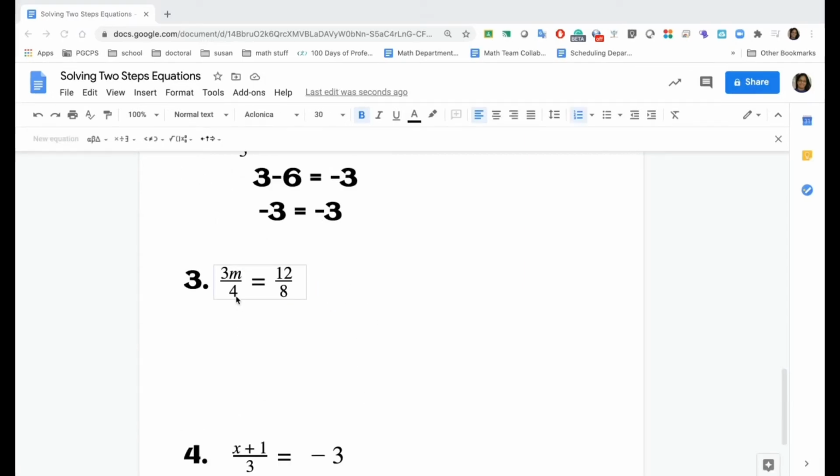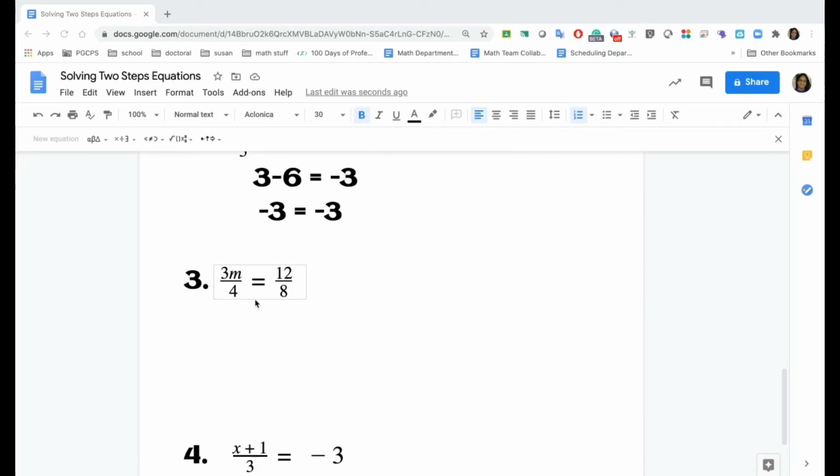Now let's answer the third equation. 3m over 4 is equal to 12 divided by 8. Again, there are two operations involved. It's division and multiplication. So we undo the division first. First, we find the LCD.